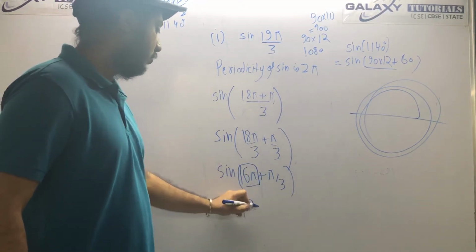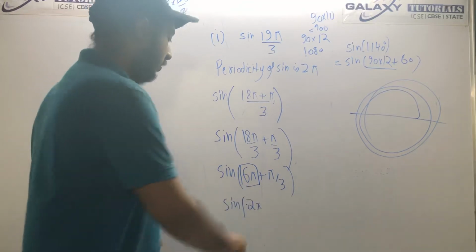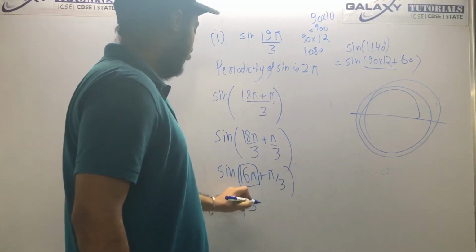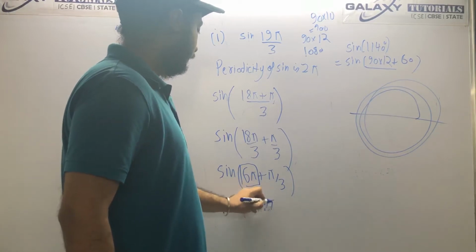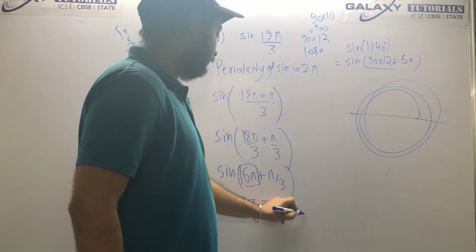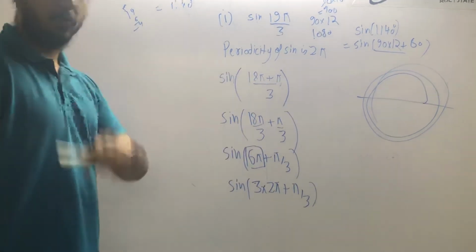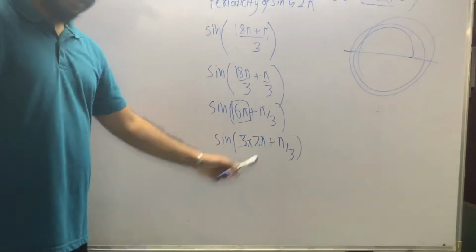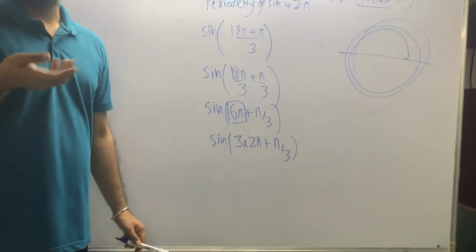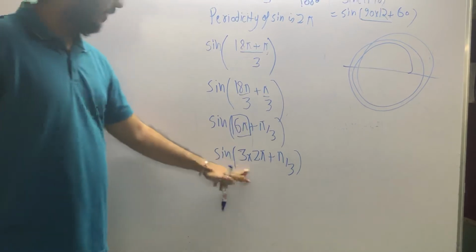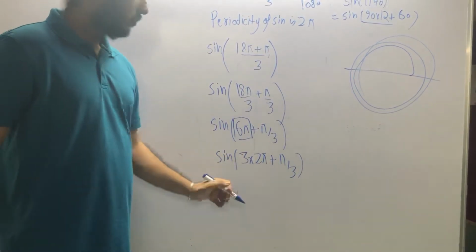Why? See, 3 into 2 pi. It is a multiple of 2 pi. What it means is that 3 times it is being rotated by 2 pi. So you know the function repeats itself after 2 pi. The periodicity is 2 pi. So if it is repeating after 2 pi, what will be the answer?